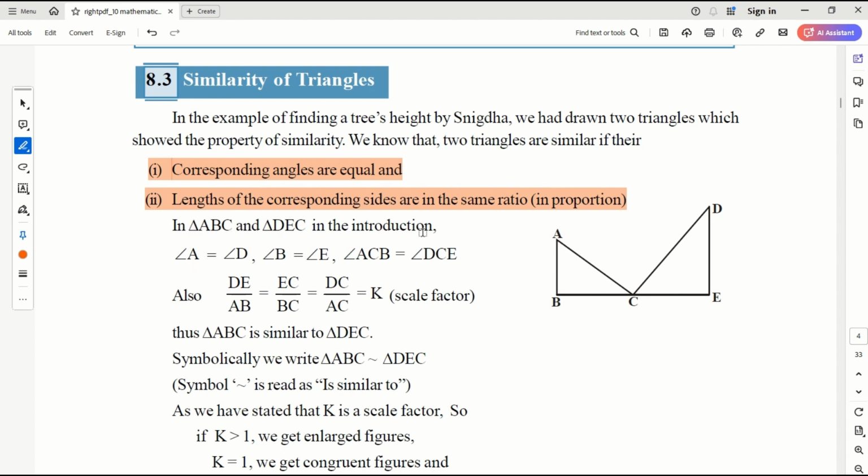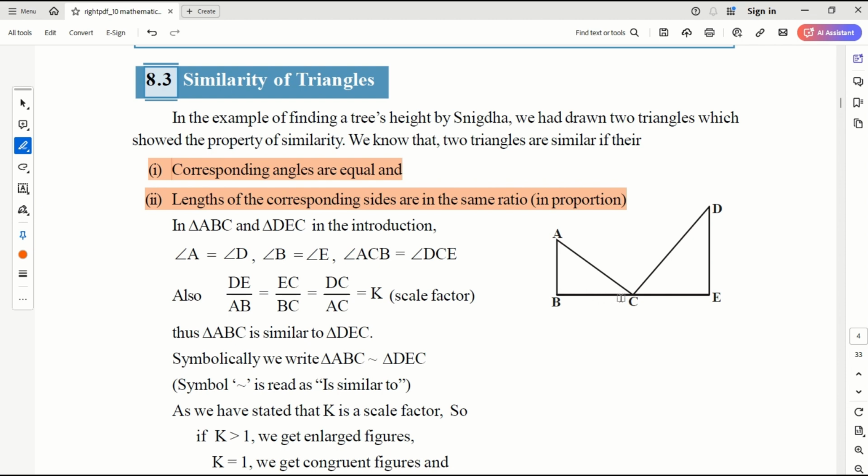In ABC and DEC, from the initial question of looking at the top of a pole or a tree in the mirror reflection, that example: angle A and angle D are equal, angle B and angle E are equal. This is 90 degrees. We know these two are equal.